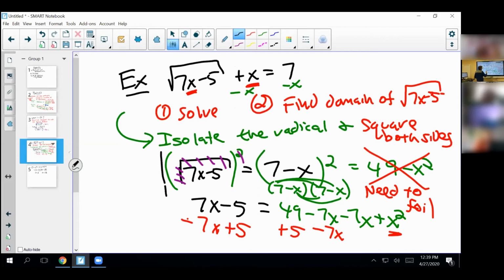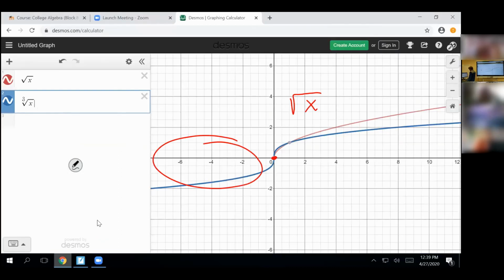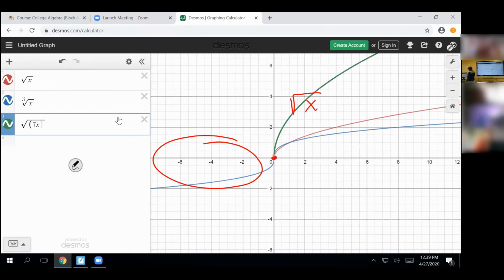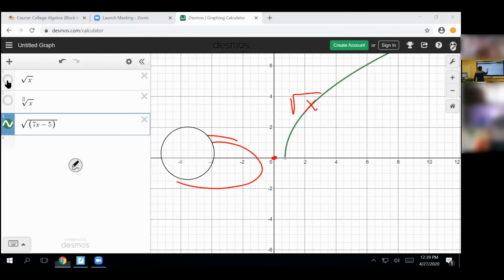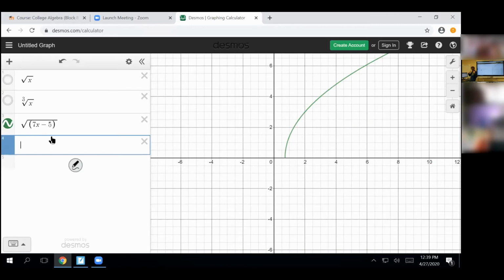So before I canceled, let me type this into Desmos real fast. So we've got square root of 7x minus 5. Let me get rid of some of the stuff. Okay, so this is the left-hand side of not the original equation, but just after I moved the x over.